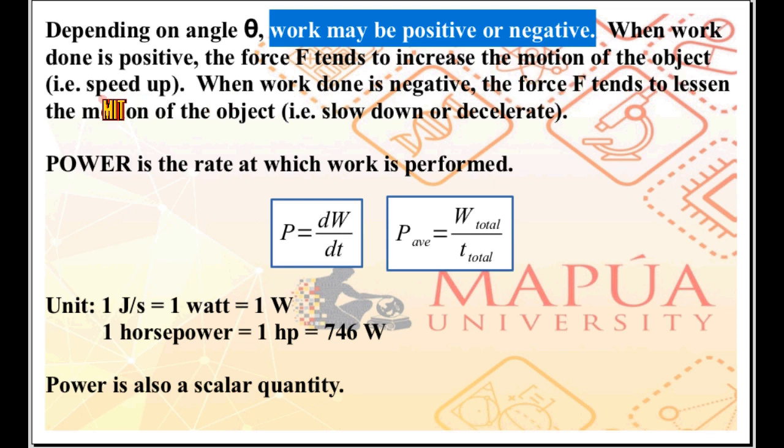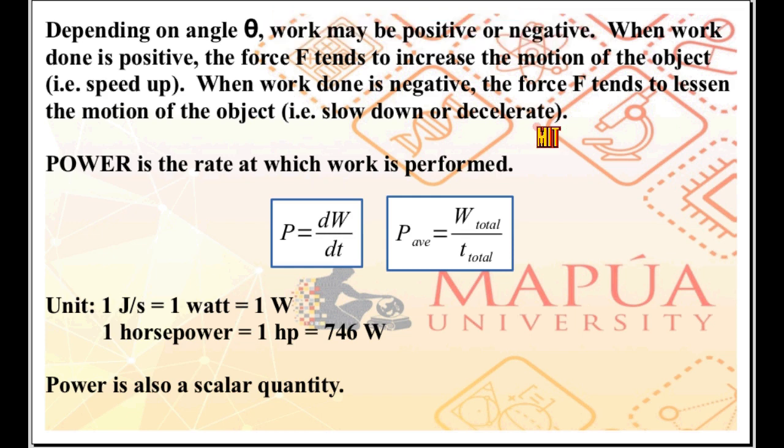For example, the effect of the force on the motion of the object is to speed up the object. When the work done by the force is negative, that force F tends to lessen the motion of the object. For instance, the effect of that force is to slow down or decelerate the object. So again, work may be positive or it may be negative. Don't be surprised if later on in your calculation you get negative work. That's because of angle theta.